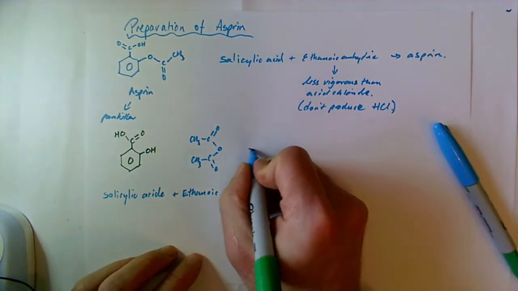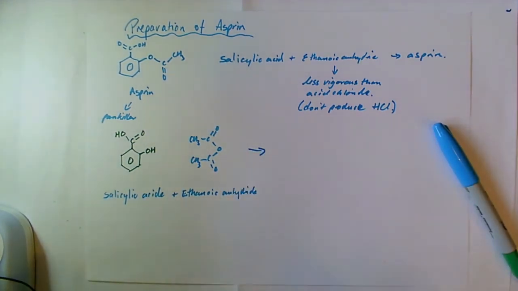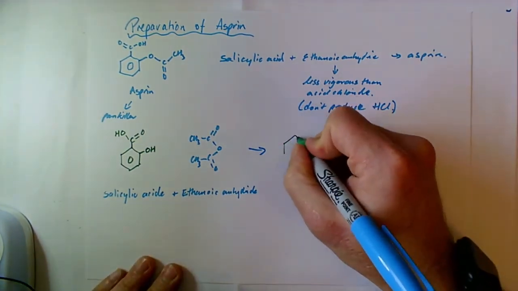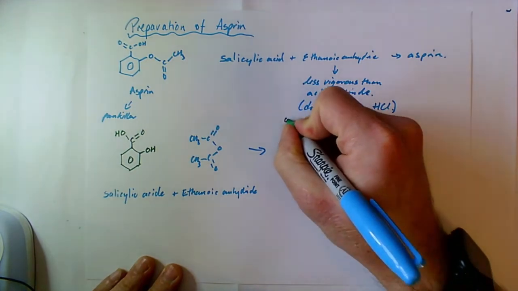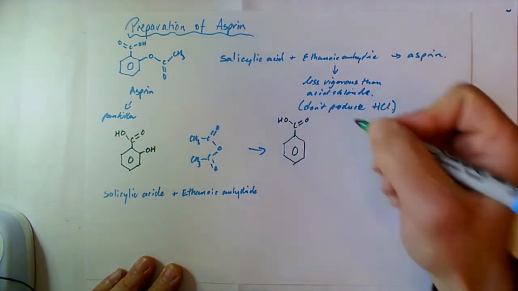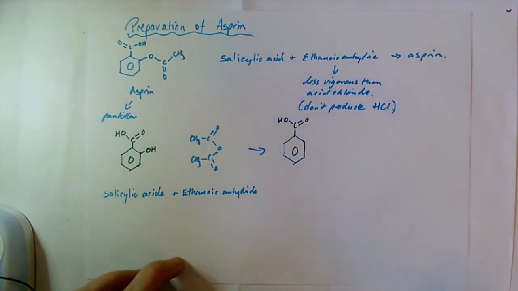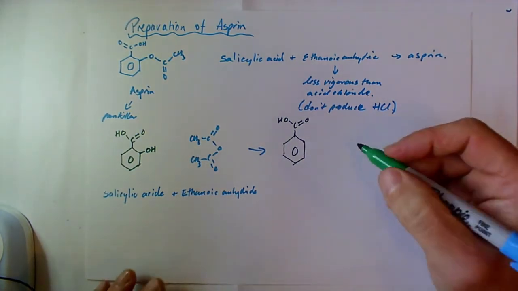So let's move on and join our products. The acid remains unchanged. Make sure my bonds go in there. I tend to get a little bit lazy with my benzene rings.